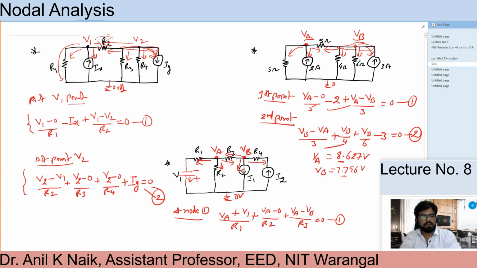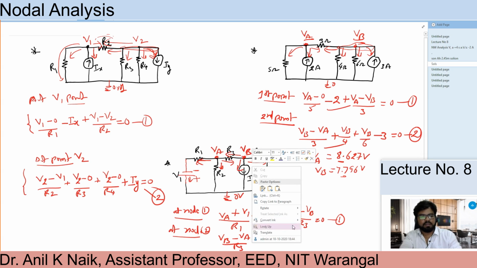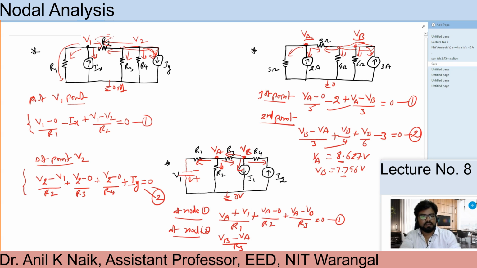This is equation 1. Now at node 2 again write the equation. Here I can write VB minus VA by R3 plus, now see here, I1 is the current going in the down direction. My assumed current marking direction also, both are going in the same direction. I can take plus I1.